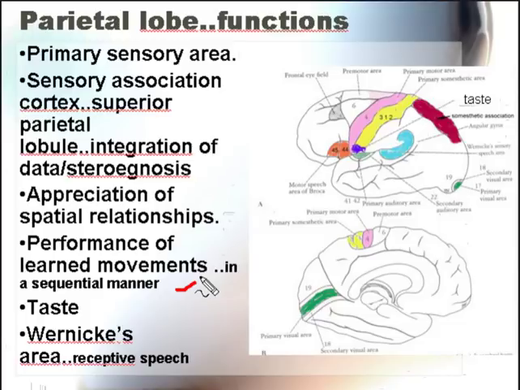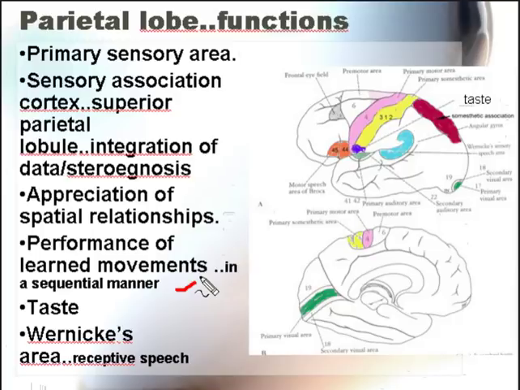So for example, in buttoning a jacket, you know how you should go about it. Or for example, making tea, you know what should be done. The water should be boiled first, then you put the tea leaves, and then how you pour the tea. So this lobe is responsible for doing all of this.